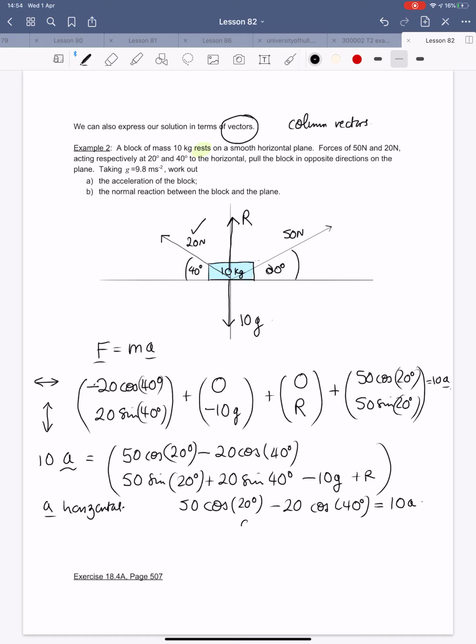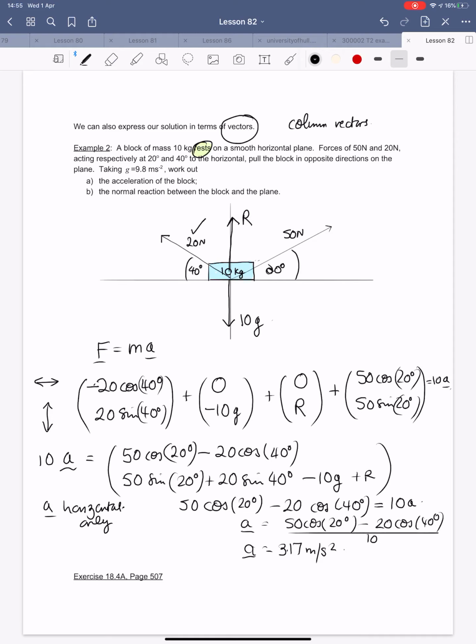The acceleration is 50 cos 20 degrees minus 20 cos 40 degrees, all divided by 10, which is 3.17 metres per second squared. The acceleration is only horizontal because of that resting.